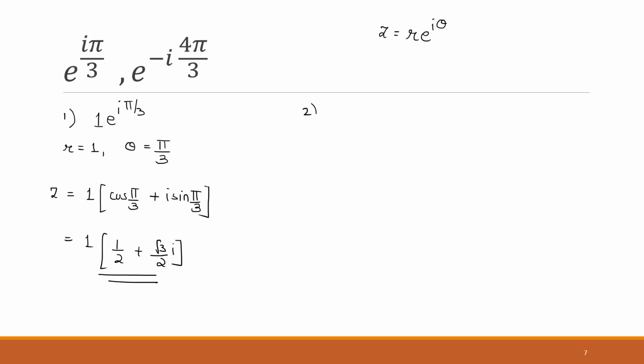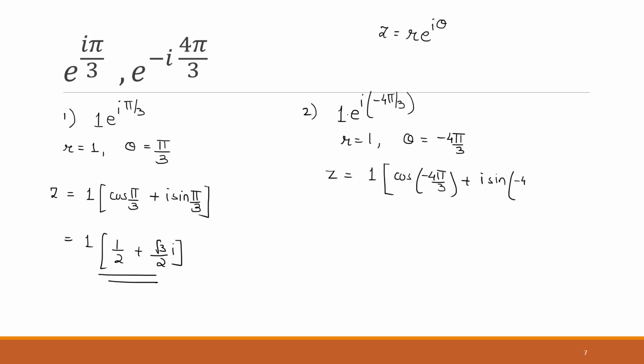Understood. Again, the second is simply given as e^(i(−4π/3)). So I just write 1 over here. Again, how much is r given? 1. How much is θ given? −4π/3. r and θ are known. So I'll write z as r cos θ + i sin θ. Now everyone knows what cos of −θ is: cos θ. So this will be cos 4π/3. Sin of −θ is −sin θ, right. Now substitute the value of cos 4π/3, sin 4π/3 and write your answer.